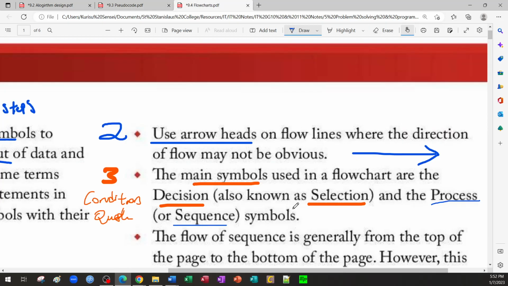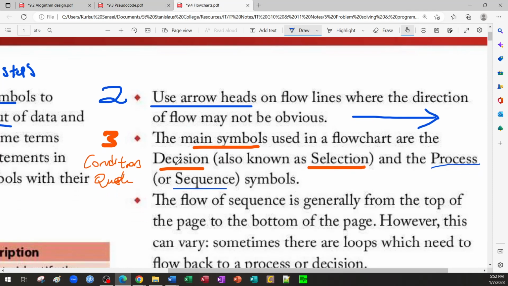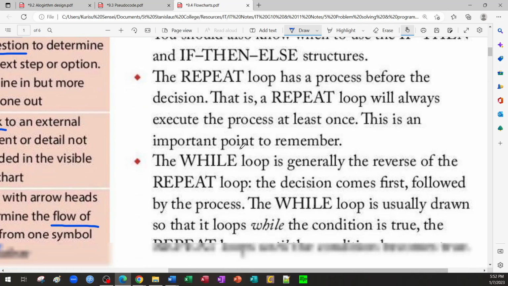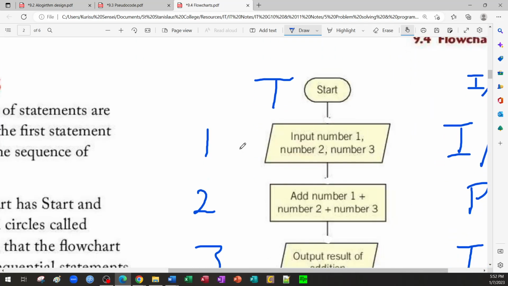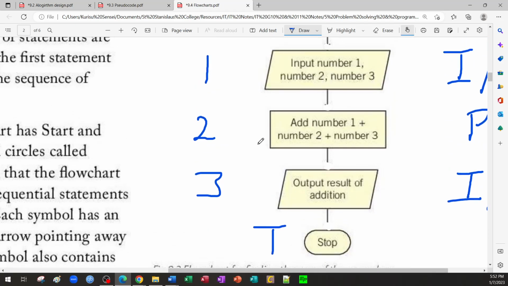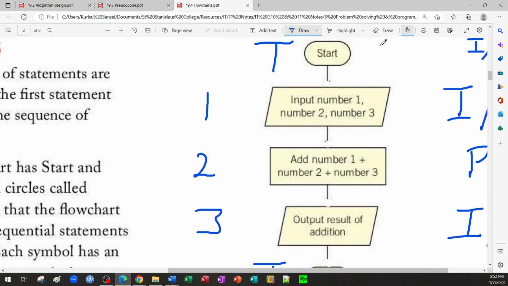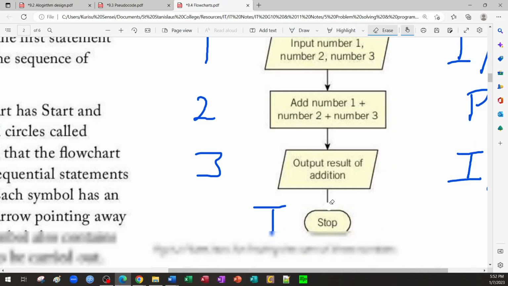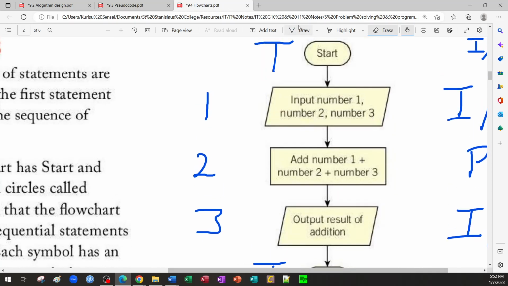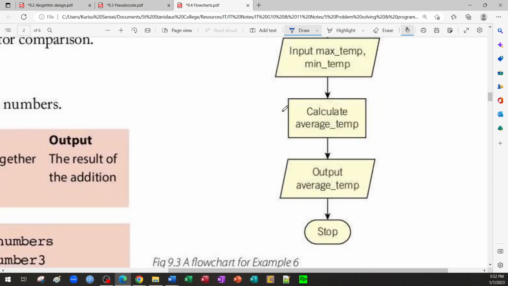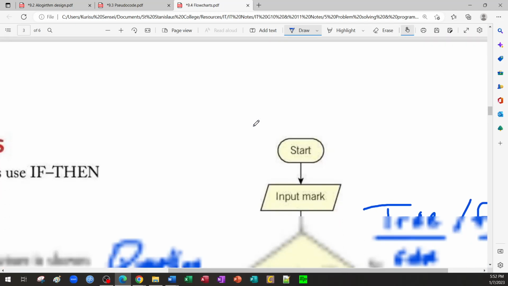Similarly, that's basically why they're saying that the decision and the process symbol are the main symbols, because those two are the ones carrying out your calculation. Notice here the process symbol. This symbol here has our calculation inside of it. Notice add number 1, 2, and 3. Notice here once again, calculate average temperature.